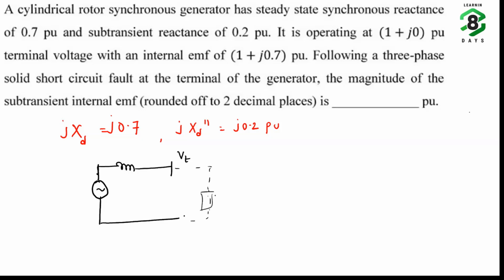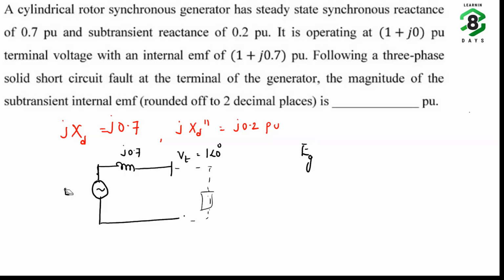Here this is the induced EMF EG and this is j0.7 in steady state, and this is the terminal voltage, which is 1 at an angle 0. So if you calculate the induced EMF in the alternator under normal conditions, the induced EMF value has already been given.